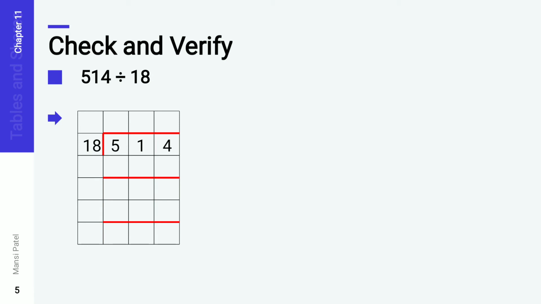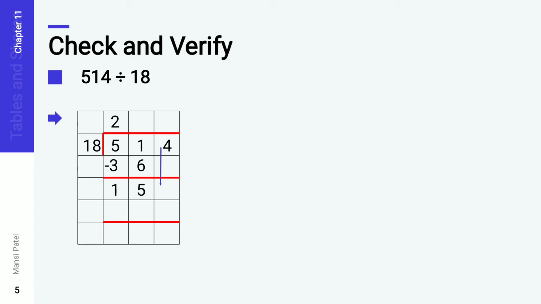So it becomes 51. Now in the table of 18 you are not getting the number 51 but less than 51. Where is it? 18 twos are 36. Now 1 minus 6, it is not possible. So 1 becomes 11 and 5 becomes 4.